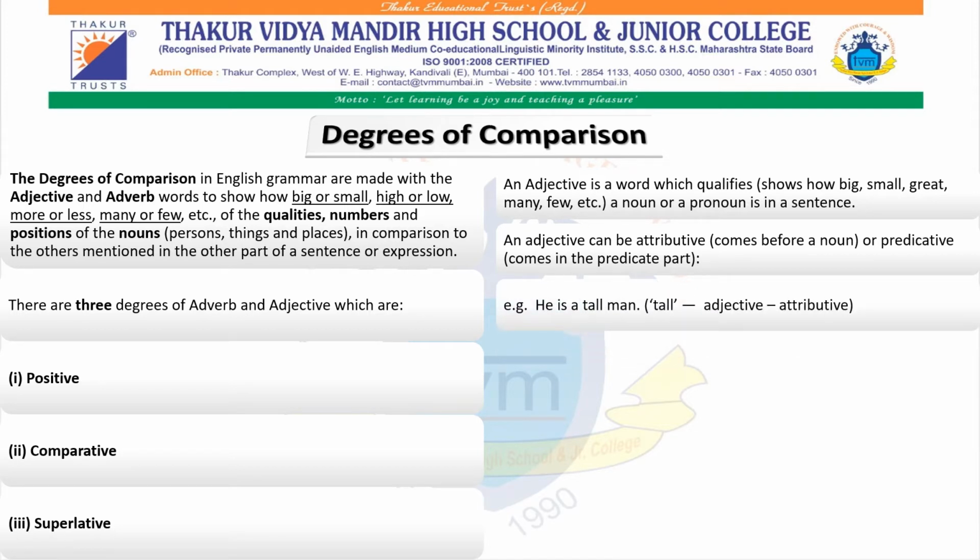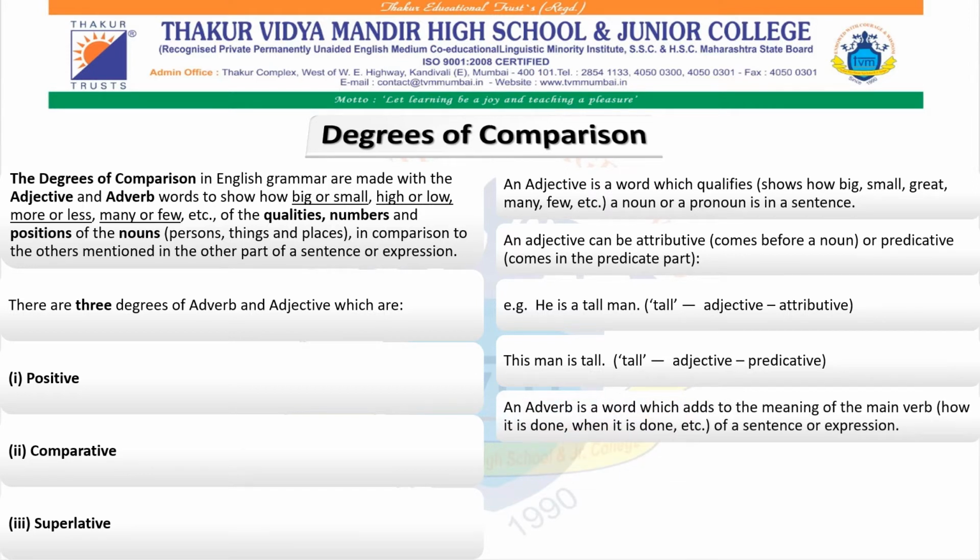For example, he is a tall man. Tall is an adjective and it is an attributive adjective because it comes before a noun, man. This man is tall. Tall is a predicative adjective as it comes in the predicate section.